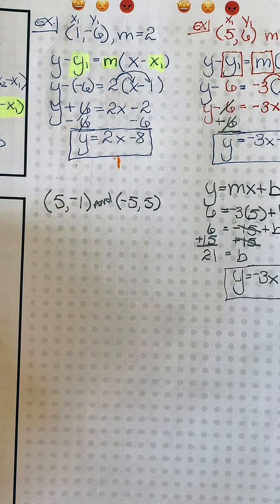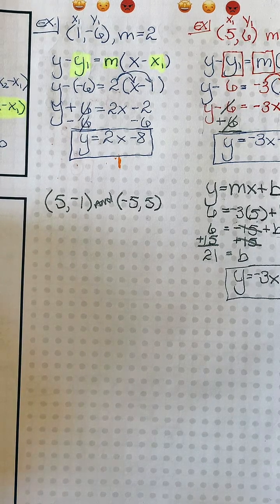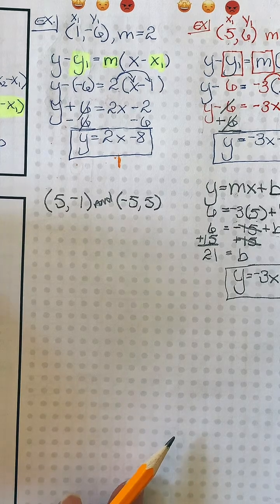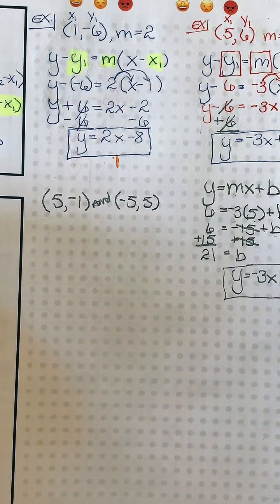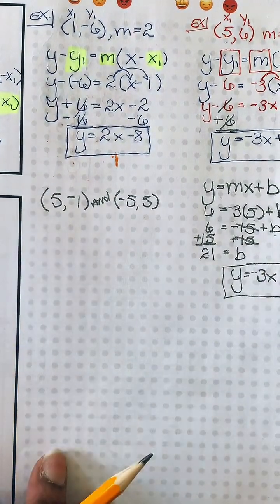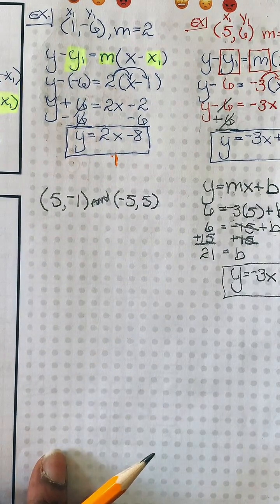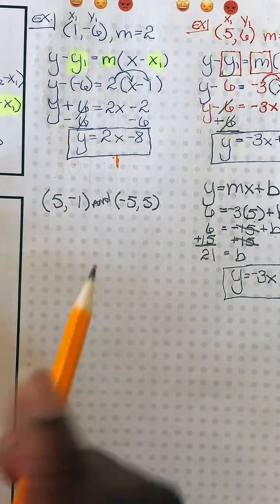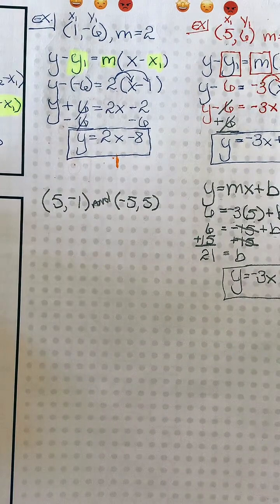Begins with an S. Next letter, L. Yes, it's the M. We need the slope. We need the slope, people. Everybody say it with me. Slope. Okay. So we need a slope.